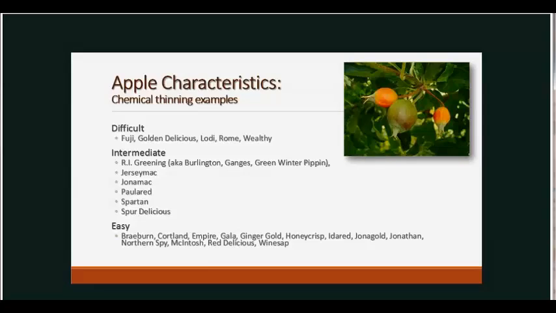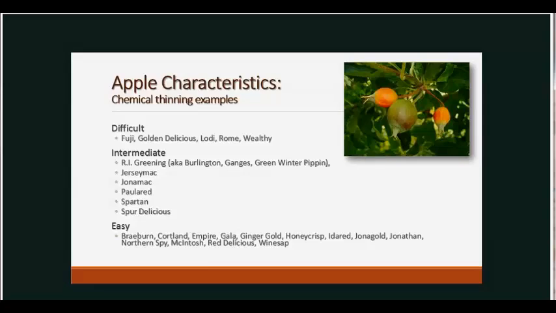The picture that I have here is what you would expect to see from chemical thinning. You see a cluster of apples here that has had chemical thinner. And if memory serves, this was a hormone that was put on, I believe, the first application.